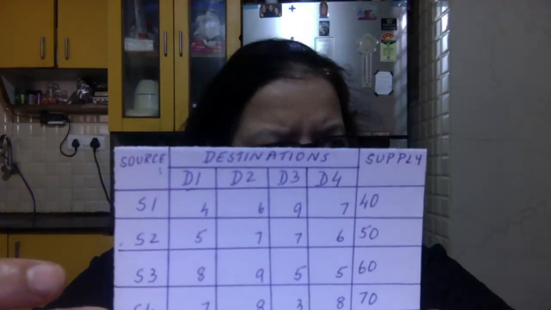Then last we'll give 7, 6, 5 and 8. So our problem is ready.